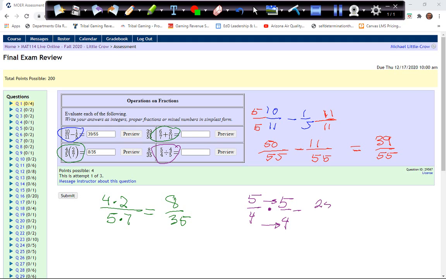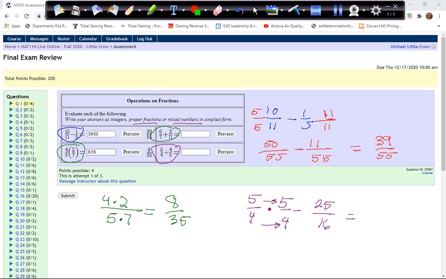So that's going to give us 25 over 16. Now it might want a mixed number, as proper fractions or mixed numbers. And again, I'll let you know that I really don't like mixed numbers. In algebra, we generally don't.